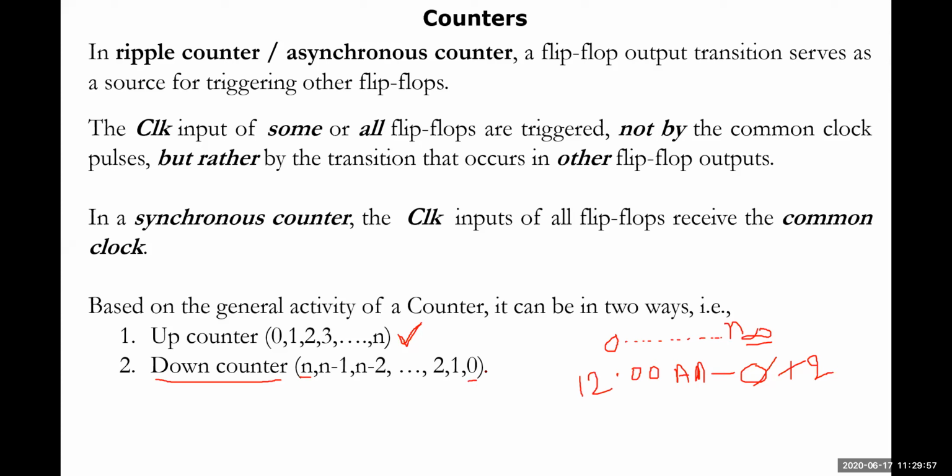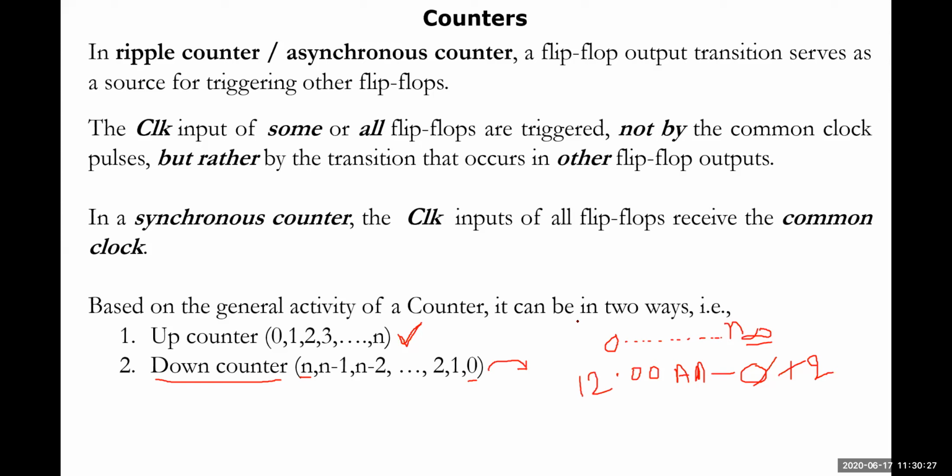A real-time example for a down counter is a rocket launch, where people count down 9, 8, 7, 6, like that. As and when the counter reaches 0, the operation will be triggered.